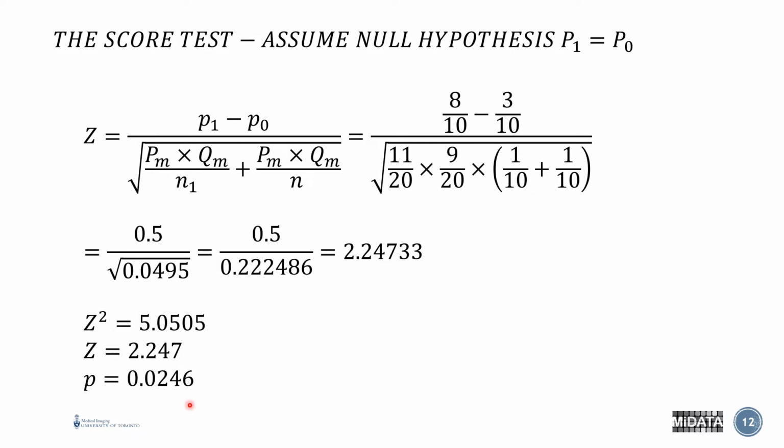And the associated p-value was 0.0246. So I'm just showing you here that whether you calculate it using the chi-square equation or you calculate it using the Z test equation, but then squaring it, you get to the same answer. And SAS uses this score test in order to provide you with a chi-square statistic and p-value.